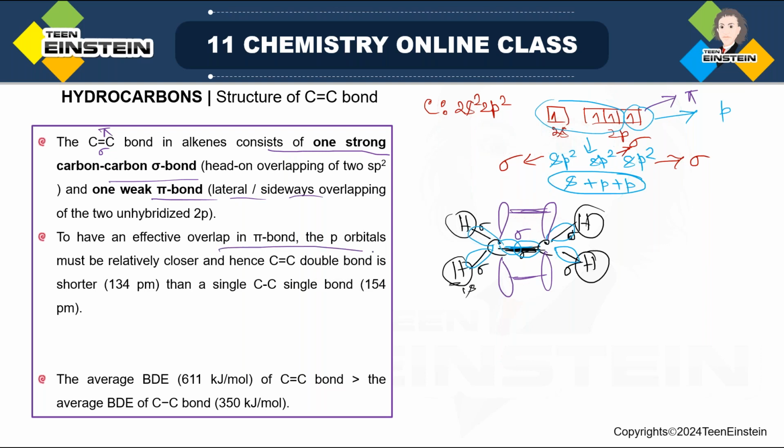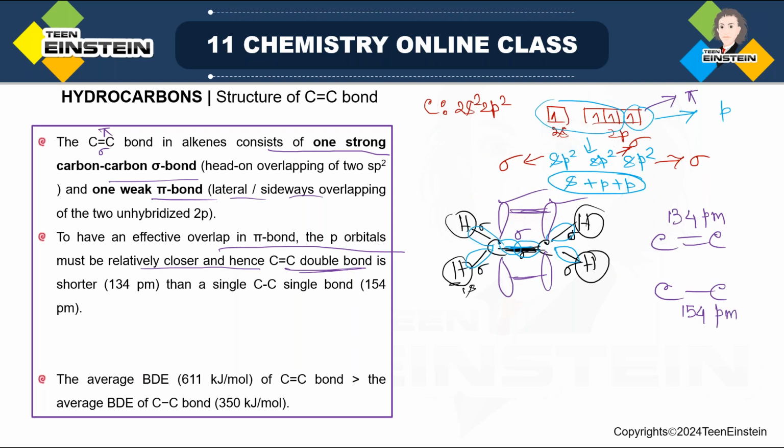To have effective overlap in a pi bond, the p orbitals must be relatively close to each other. These two p orbitals must be close, because the closer they are, the more effective the overlapping will be. That is the reason that if you compare the C=C double bond with the C-C single bond, the double bond length is 134 picometer, but the C-C single bond is 154 picometer.